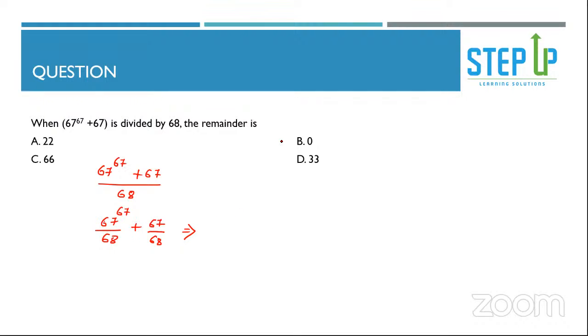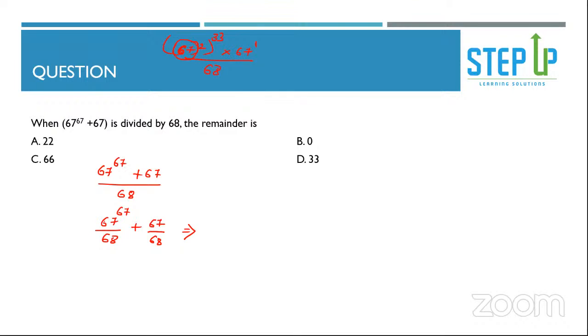So if I do it this way, 67 square and then 33 into 67 to the power 1 by 68, you literally have to find out square of 67, which is lengthy. You can use a square plus b square, or you can use a calculator also and divide it.